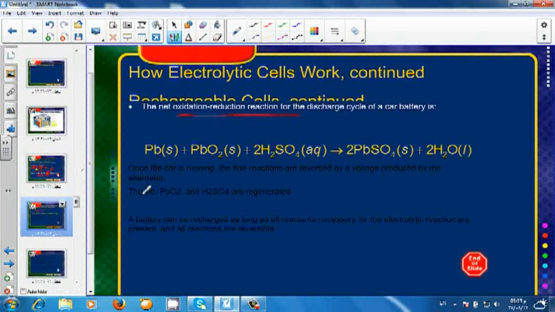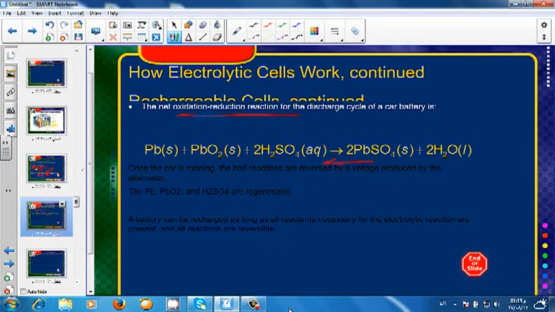So solid lead with solid lead oxide and a solution of sulfuric acid produce together in a redox reaction lead sulfate and liquid water.